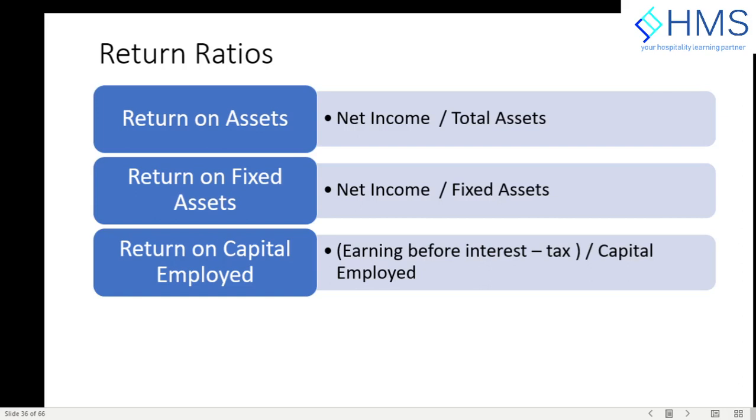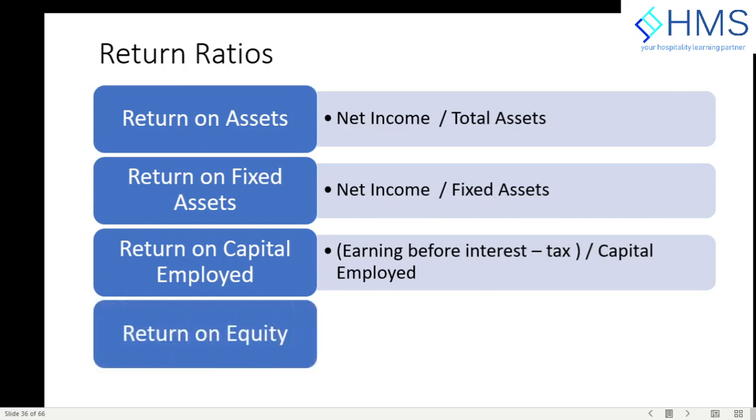The other aspect of these return ratios is called return on equity, which is usually the most used formula in probably corporate history. It is also usually the goal of corporate finance managers to maximize the return on equity.